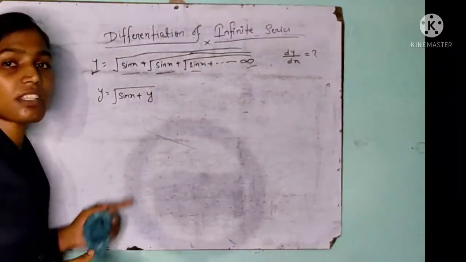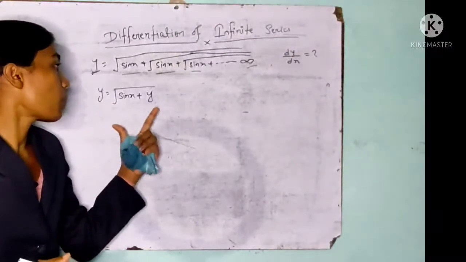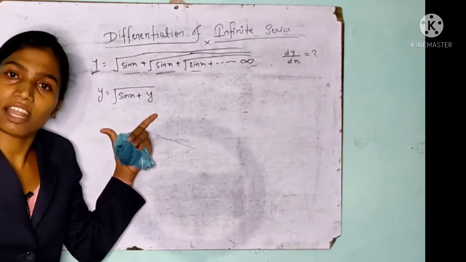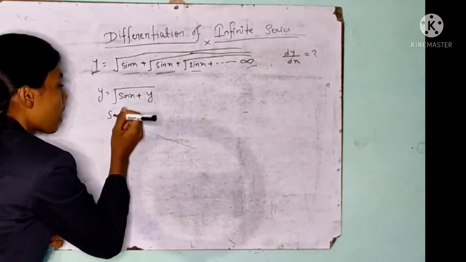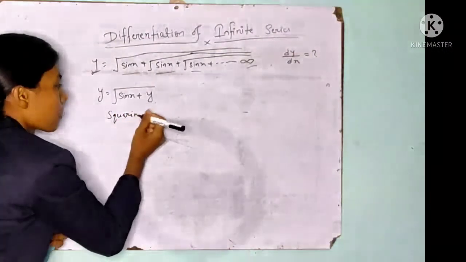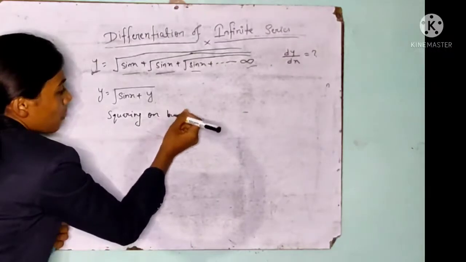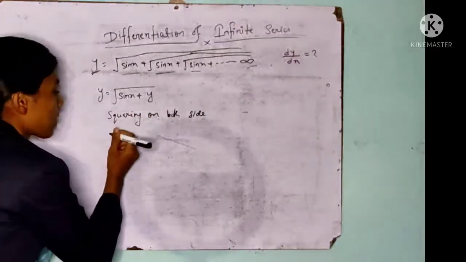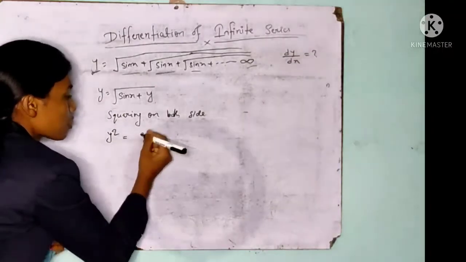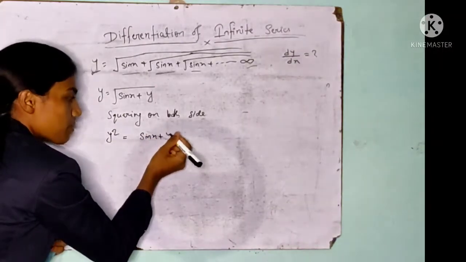Now we get this function separated. So now if we see this function, we can easily differentiate. If here also we arrange by squaring on both sides, then y square is equal to sine of x plus y.